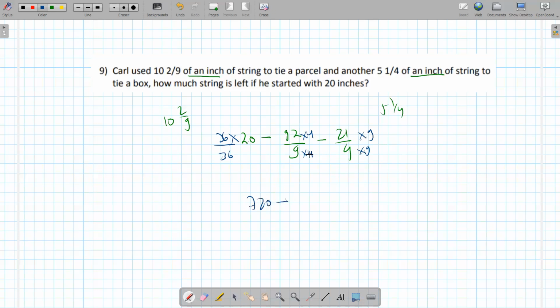That's 720 minus 368 minus 189. Yeah, see the numbers are big. It's kind of hard to do it in your head. So this question will probably not come, but the more important thing is that this was a subtraction question. And this gives it away: of an inch.